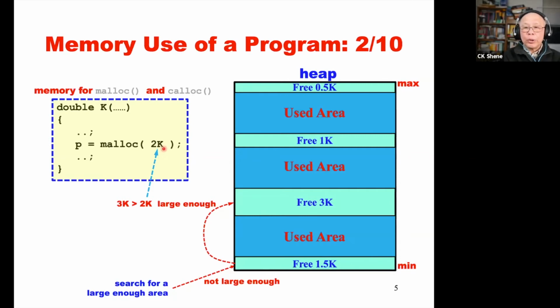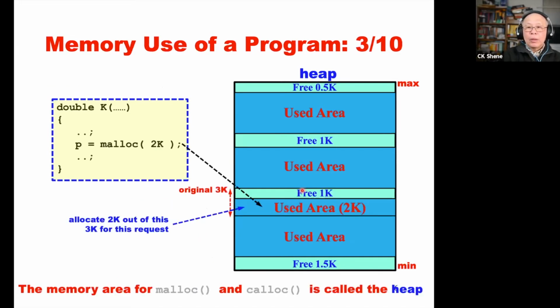What the system will do is cut this free 3K space into two, one for this 2K, which will become used, and the remaining 1K will be free. So this is the result after cutting the original 3K free space into two, one used, and the remaining 1K free. The pointer to this used 2K area will be returned through malloc and saved to p.